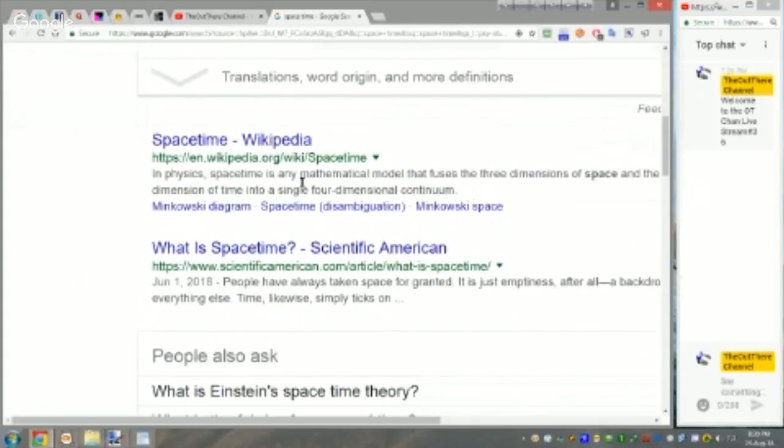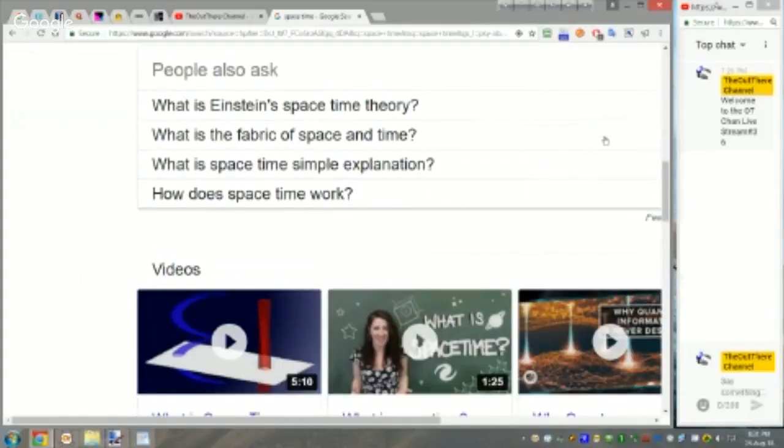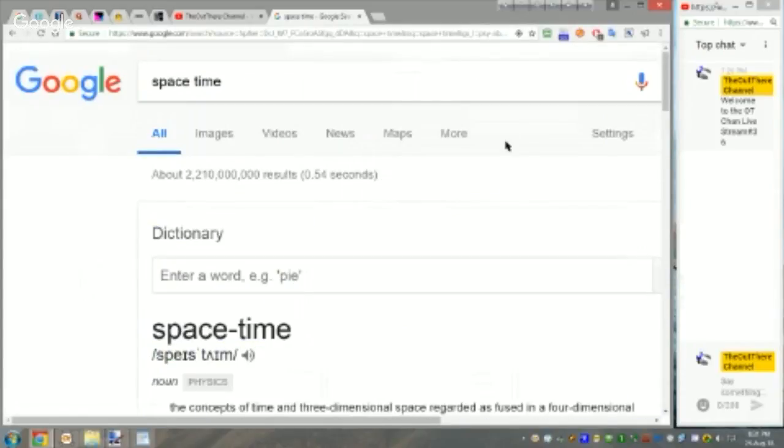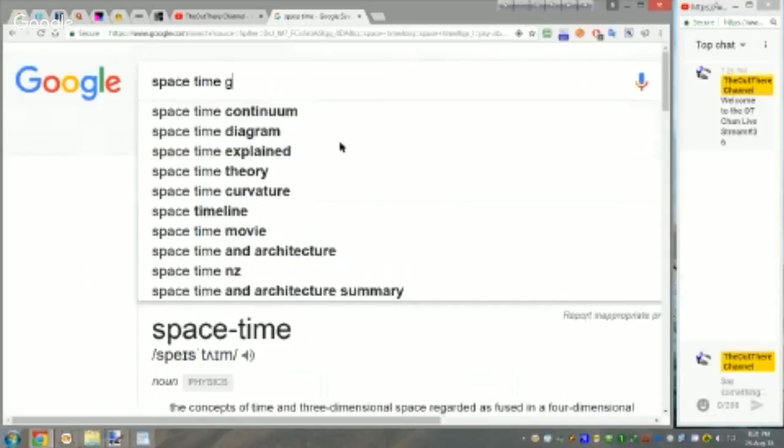So they say it's a mathematical model here that fuses three-dimensional space and time. Probably should say what is time and gravity, maybe.